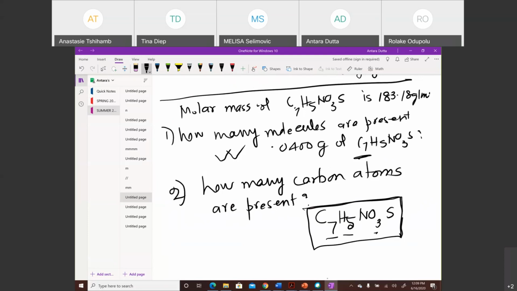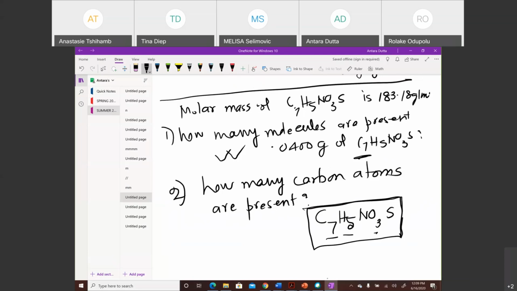So this represents one compound. But microscopically, if you go to the tiniest picture of that, this represents one molecule, right? One molecule of C7H5NO3S should have 7 atoms of carbon, 5 atoms of hydrogen, 1 atom of nitrogen, 3 atoms of oxygen, and 1 atom of sulfur. That is the description you have.